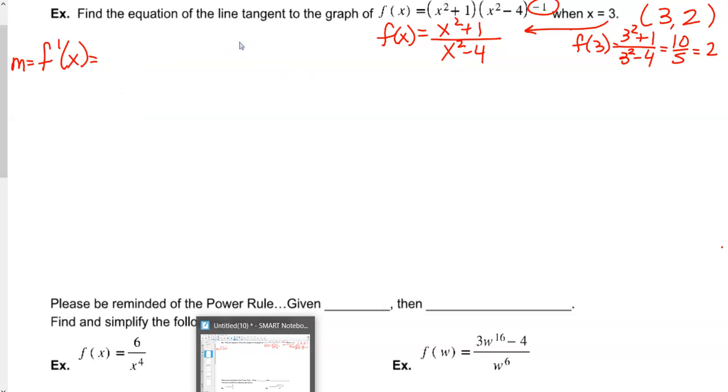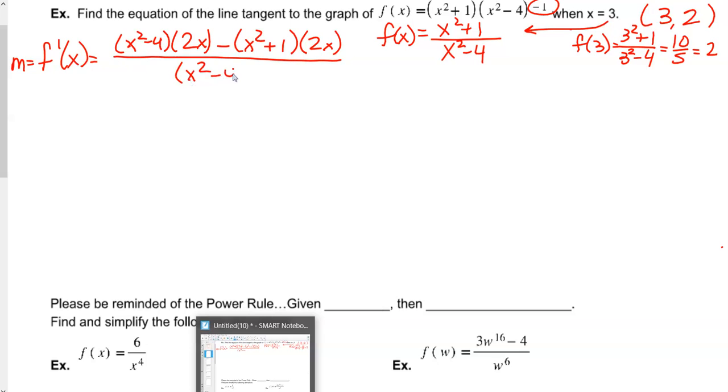I'm going to do ho, which is x squared minus 4, d-hi, derivative of the top is just a 2x, minus hi, d-ho, again, I get a derivative of 2x, all over that denominator squared. So, now is the point that I can do some algebra. Yes, could you put in x equaling 3 at this point? Yes, but it would be tedious. You might make a few mistakes. So let's just go ahead and simplify in terms of x.